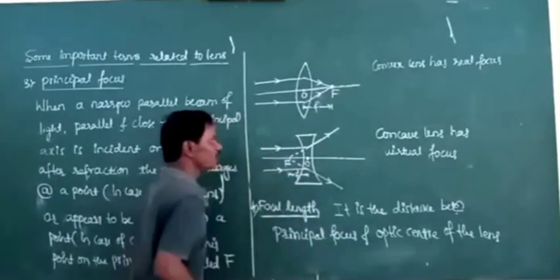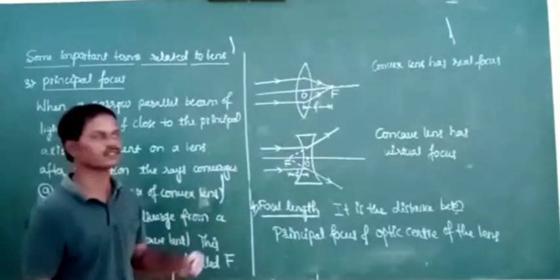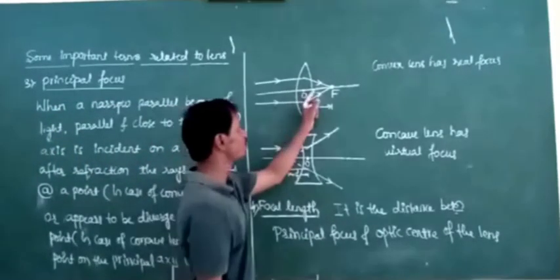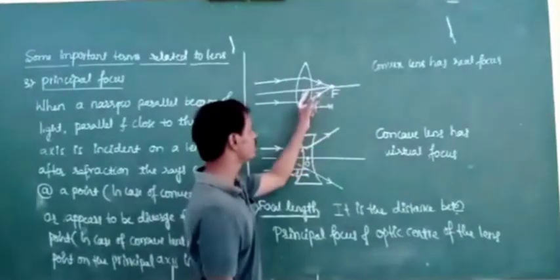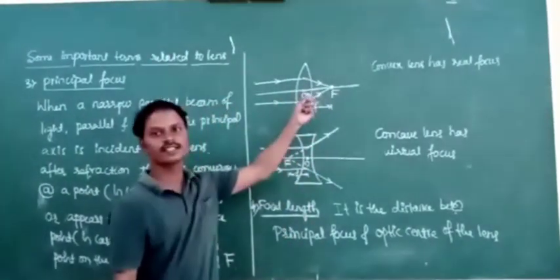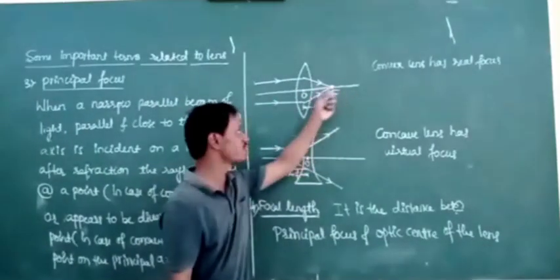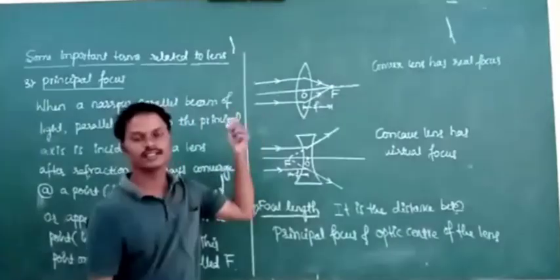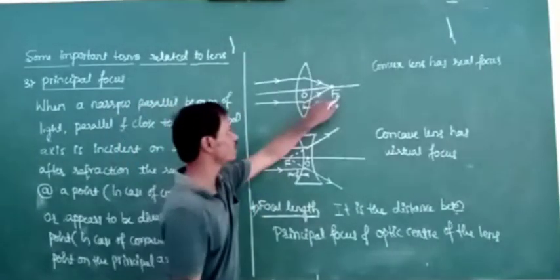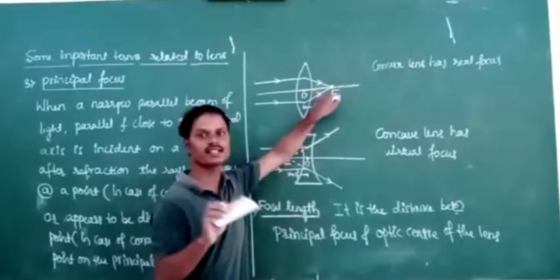But here the focal length of the convex lens is positive by using this sign convention, because here the principal focus is at right side, means it is along the positive x-axis. Let us take optic center as origin. This side can be taken as positive x-axis and this side can be taken as negative x-axis. But here the principal focus is on which x-axis? That is positive x-axis.